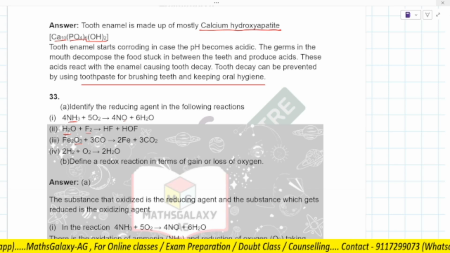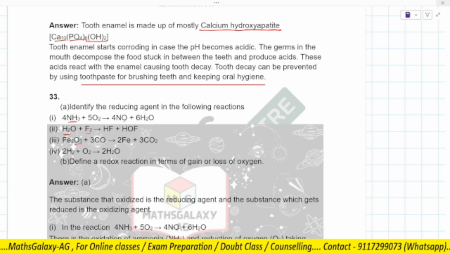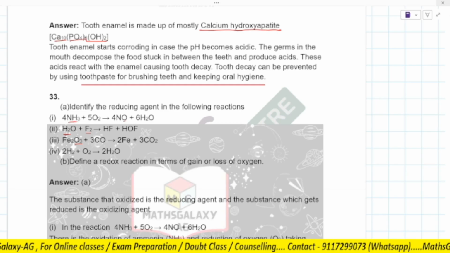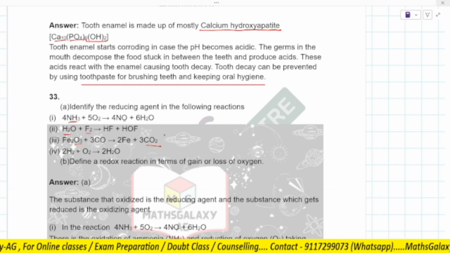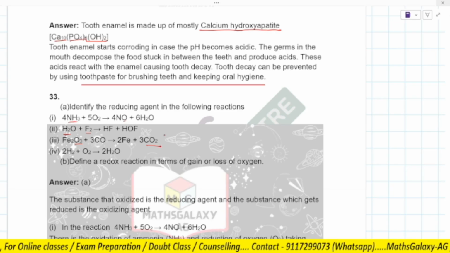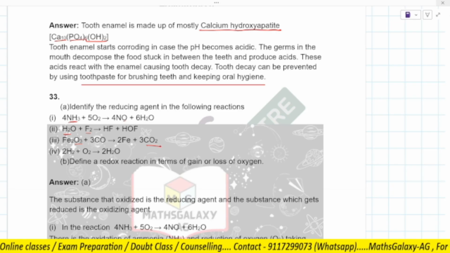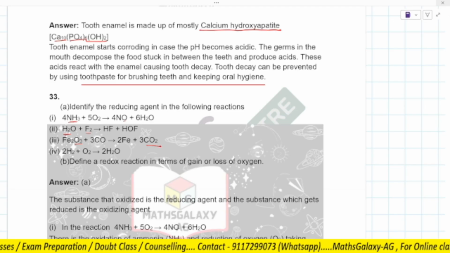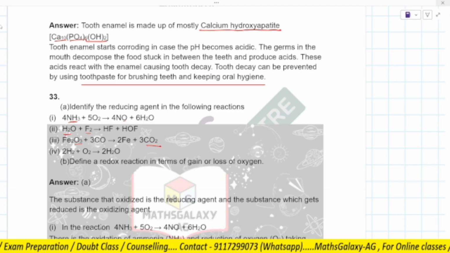Let's see the reaction: oxidation of CO here. As you can see, CO becomes CO2, so it's oxidation of CO, and here it's reduction of Fe2O3, right? So let's see the explanation.